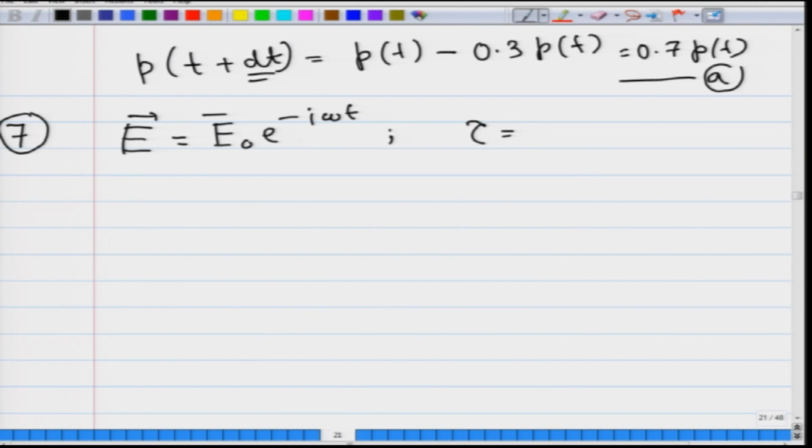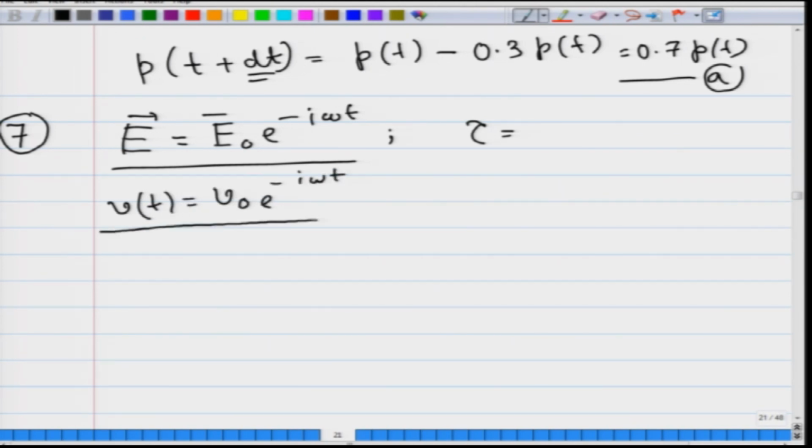Here it is given that velocity has the same time dependence as the applied electric field, so we can write v(t) equals v naught e to the power minus i omega t. They have the same time dependence.